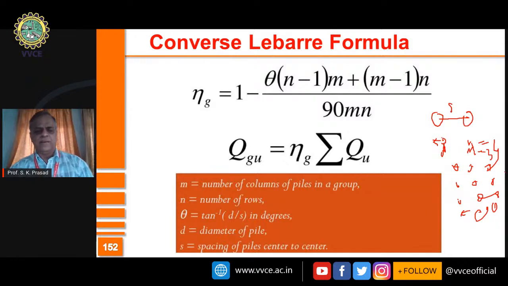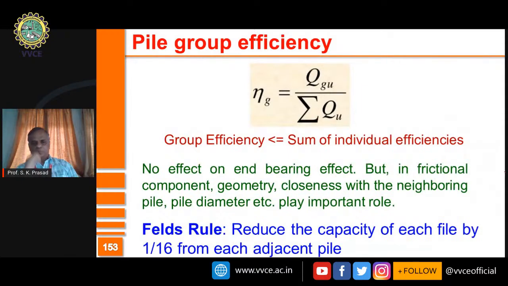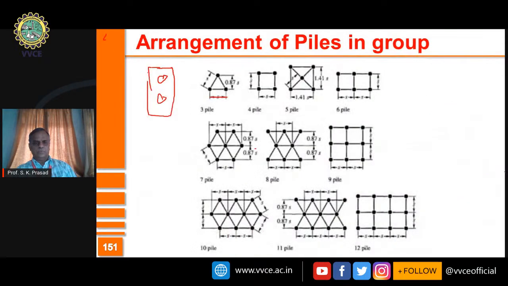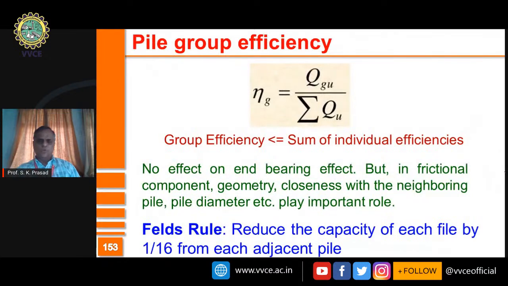And hence, spacing is known, diameter is known. You can find out eta G. Group efficiency will always be less than or at the most equal to the sum of the individual efficiencies.